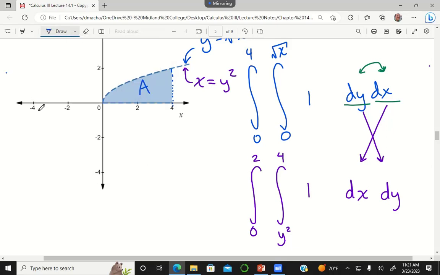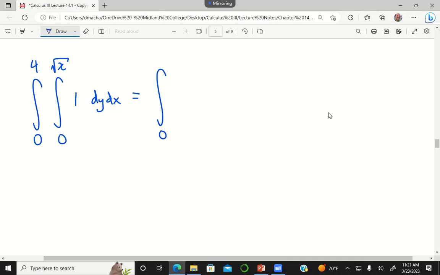So just for fun, I'll go ahead and evaluate these. Let me do the blue version first. So this is going to be the integral from 0 to 4 of y evaluated at root x and 0 dx. This would be the integral from 0 to 4 of root x dx.